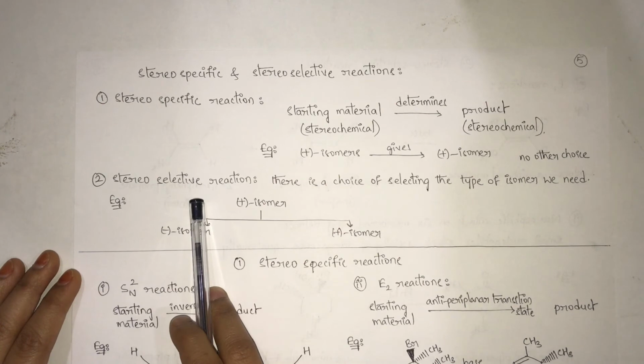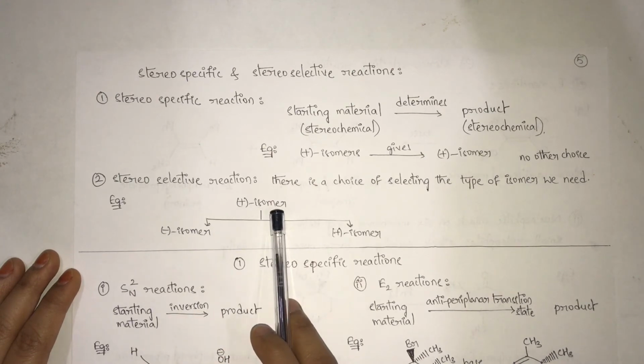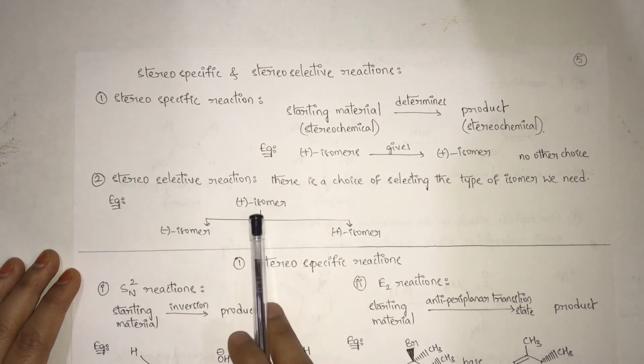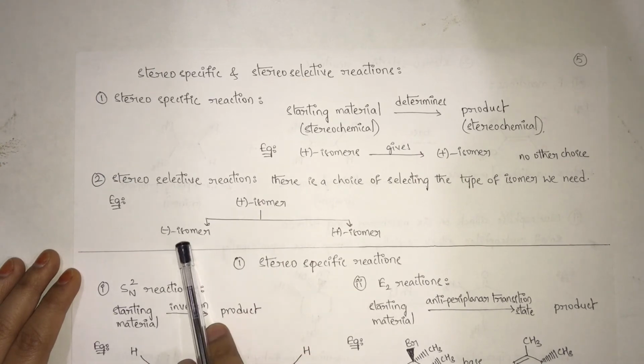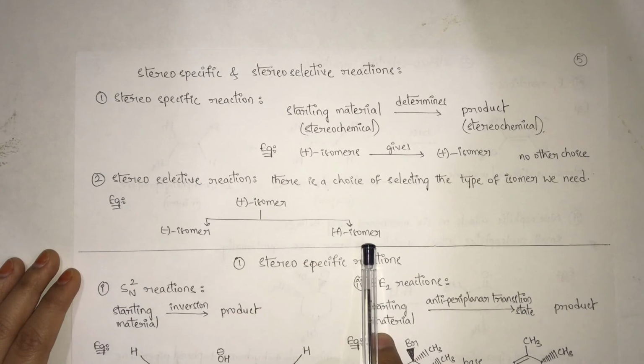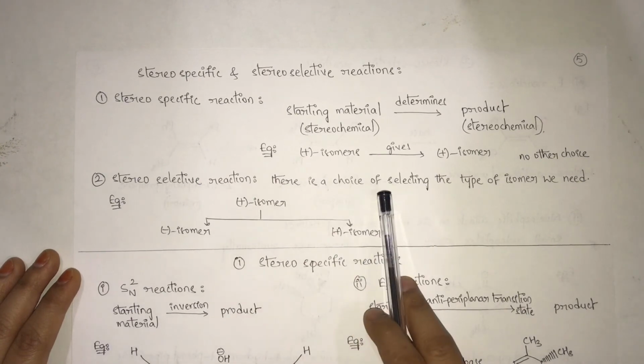In this reaction, we have the choice of selecting which type of isomer we want. That means we will get both the isomers. One will be in major proportion, one in minor proportion. For example, I am taking a plus isomer. On performing a stereoselective reaction, I am getting the minus isomer and the plus isomer, both. So we have a choice of selecting the type of isomer we need.